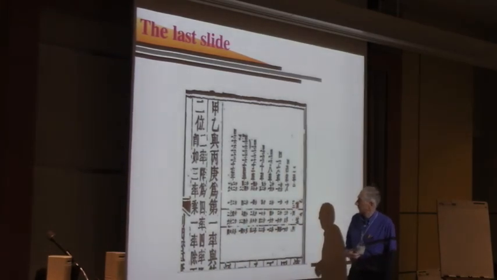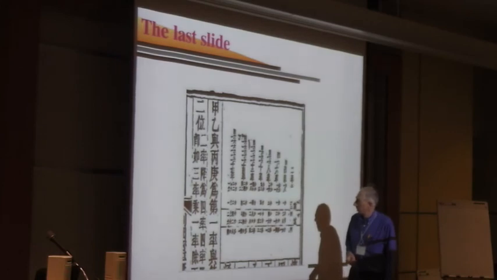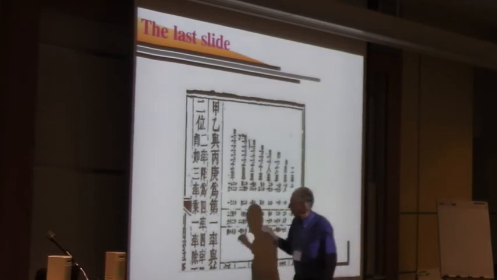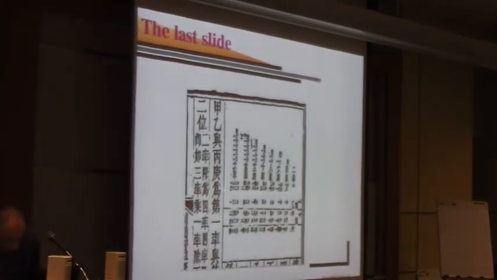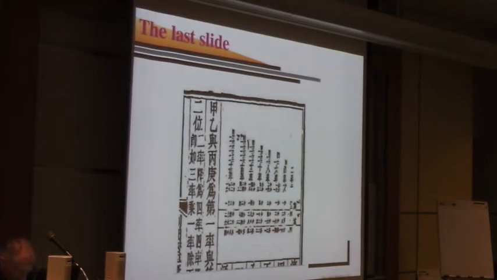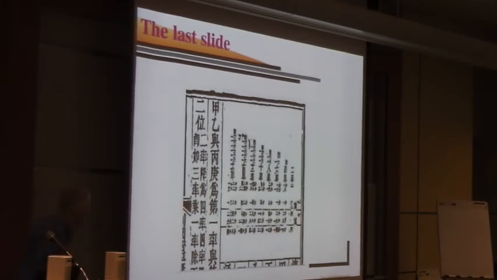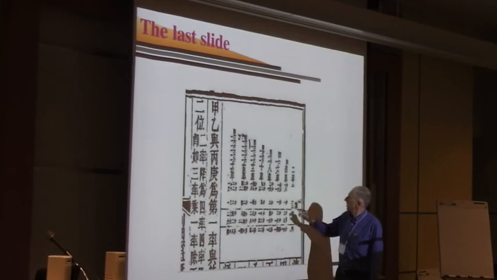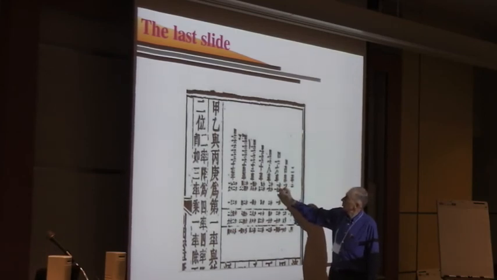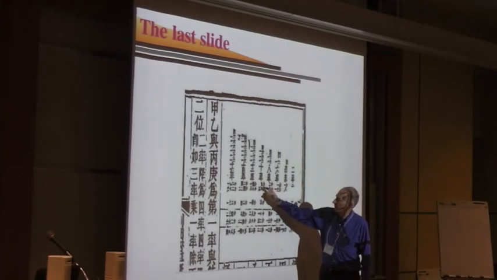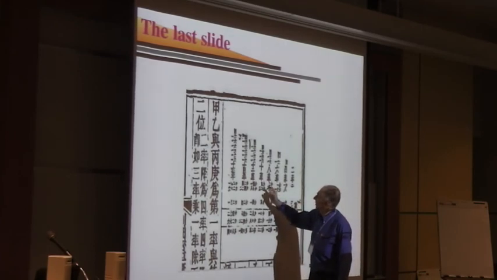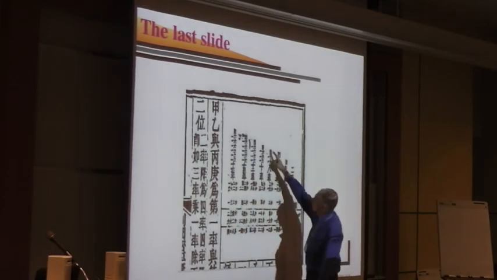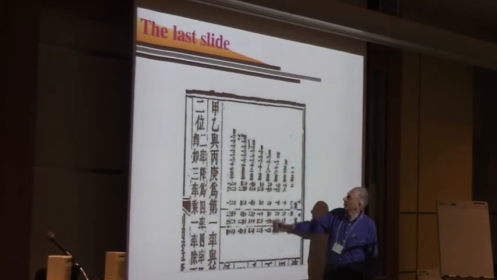It's so blurry on the screen. This is 1, 2, 5, 42, 132, etc. Each column is actually a formula written in Chinese characters.